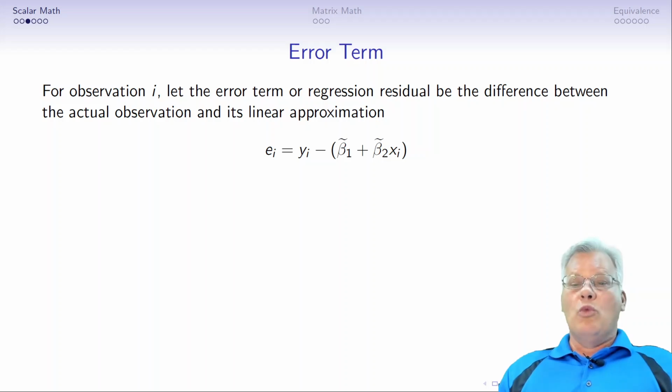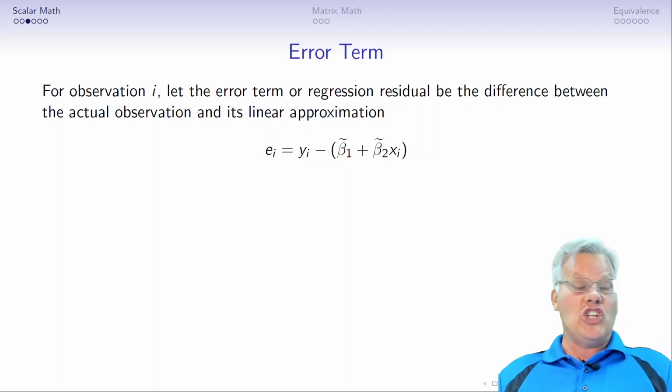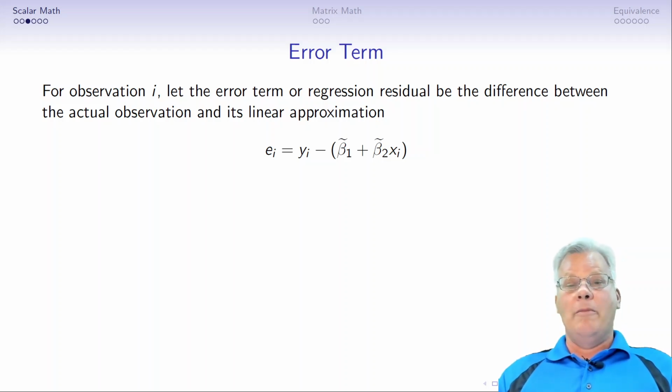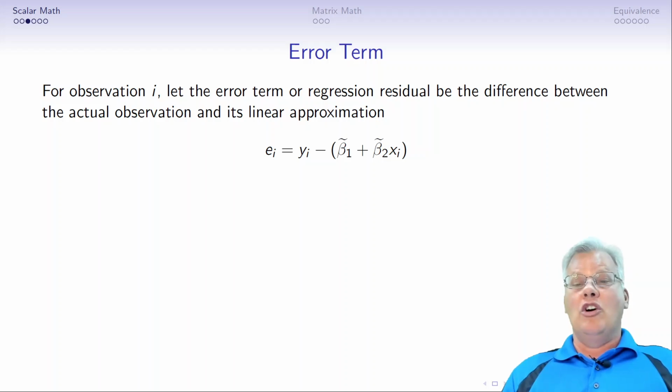Okay. So let the regression residual or the error term be the difference between the actual observation and its linear approximation, and we're going to define the ith error term or ith regression residual as the actual value y minus its linear approximation.